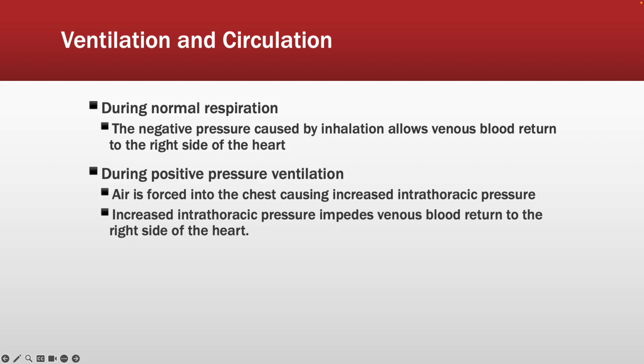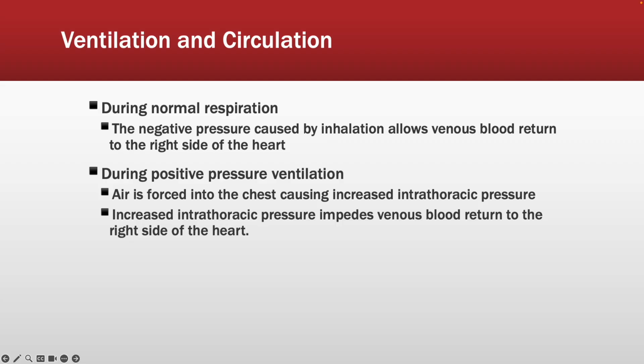When we're doing positive pressure ventilations, we're forcing air in under positive pressure rather than negative. And as that air is forced into the chest, causing an increase in intrathoracic pressure, that increase in pressure impedes venous return to the right side of the heart.